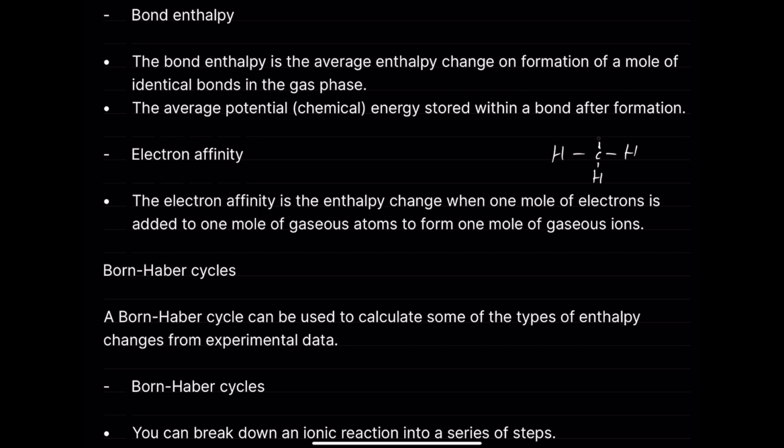Let's use this one here. So I remove that one there. That would use up a certain amount of energy to break that bond. Now the carbon atom is more positively charged because there is one less bonding pair of electrons bound to it.